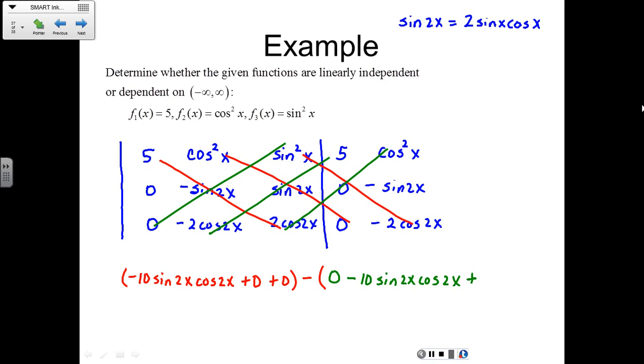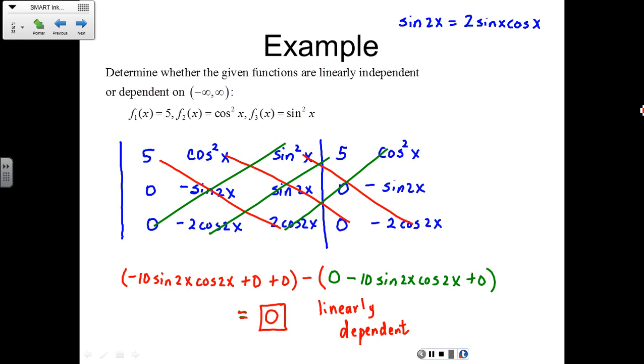Hallelujah. So what's that going to tell us? It's going to cancel out to what? Zero in that one. So what does that tell us? Linear dependent or linearly independent? Pop quiz.